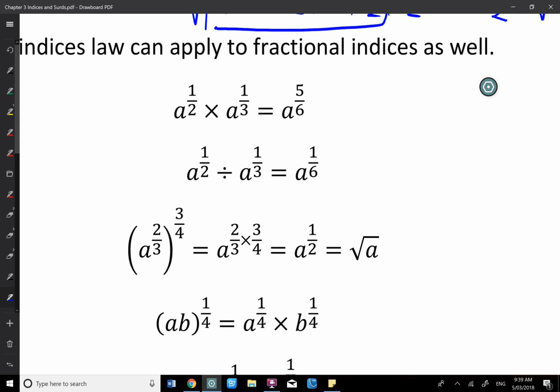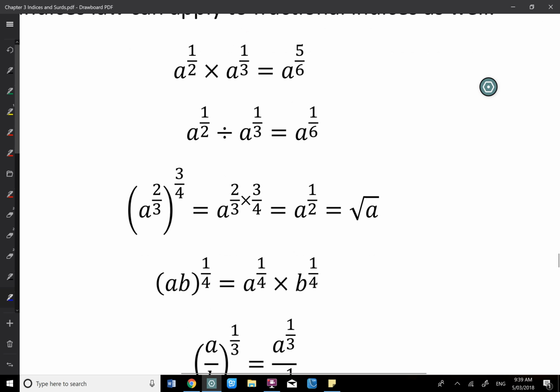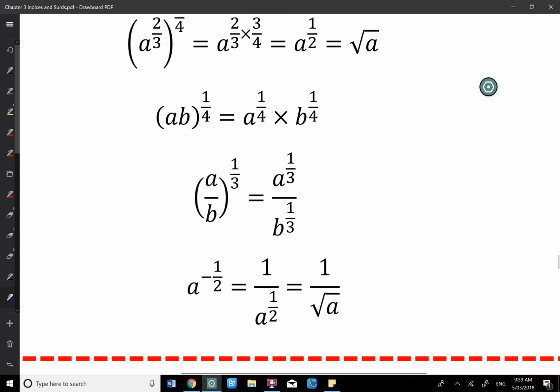It doesn't matter whether it's a positive, negative or fractional number, you always add them with this rule. When you divide them, you always subtract the powers when they have the same base. And when you have a power of another power, you multiply the powers. So we don't mind what kind of number it is, this rule is always true.